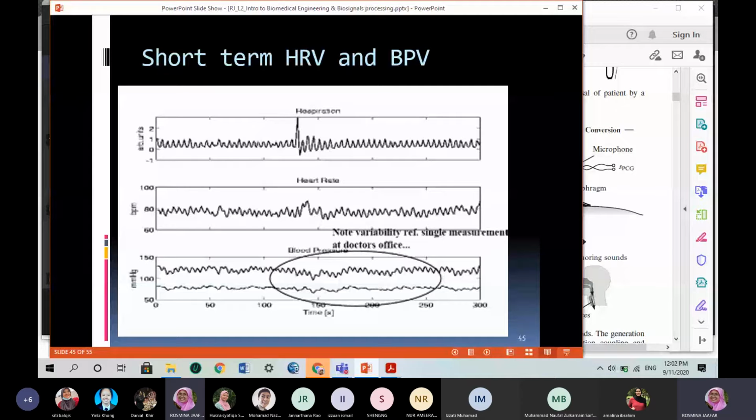The middle plot is beats per minute, which is heart rate, and the top one is the respiration. This is an example of interaction between a few biosignal parameters.